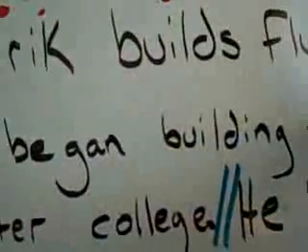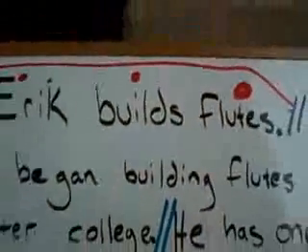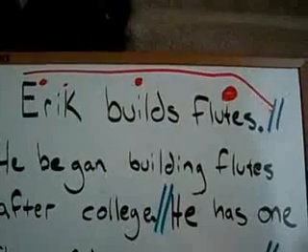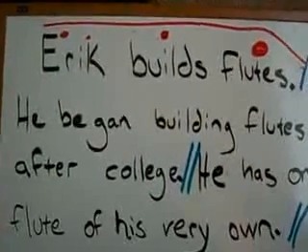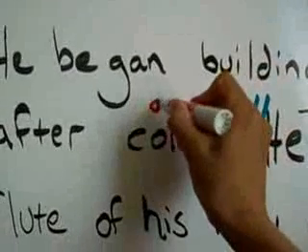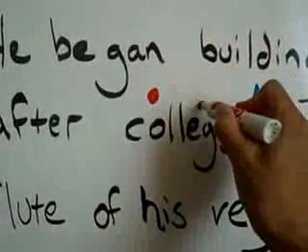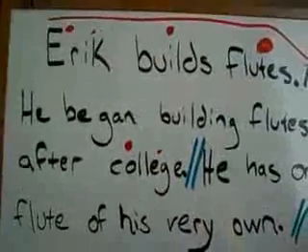So as not to confuse you with all of this up and down, I'm simply going to draw that straight line and then show how our voice falls at the end of the statement on flutes. Now in the second sentence, our final content word is college. College has two syllables. It's the final content word giving new information.